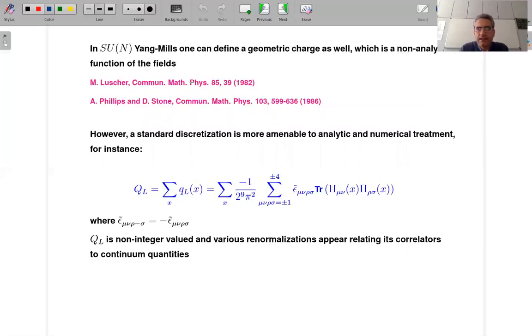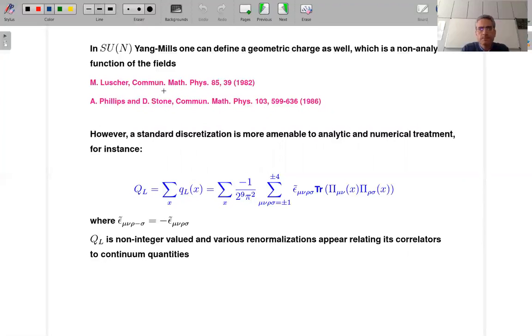And they're characterized, like the definitions that we have seen in lower dimensions, by being non-analytic functions of the gauge fields. Okay, so you can switch from one integer value to the other by just making continuous modifications of the gauge fields. So in this sense, they are expected to be non-analytic.